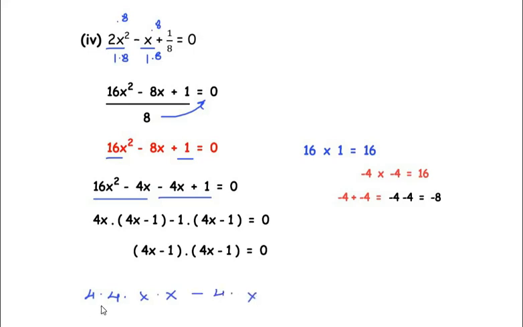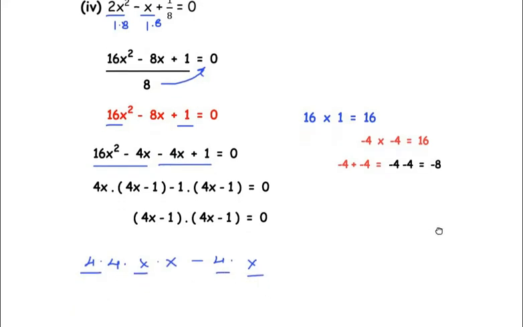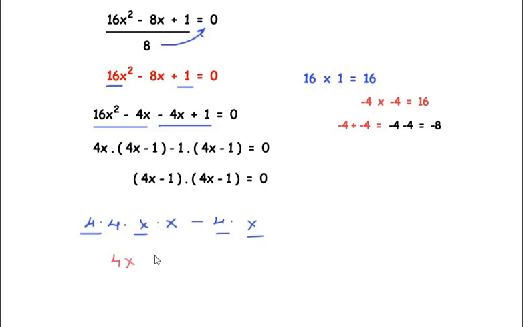So we can see that 4 and x is a common factor from both the terms. So here we are going to pull out 4x, and inside the bracket remains the 4x from the first term minus, now since 4x is gone, the factor remaining over here is 1. So here inside the bracket we get 4x minus 1.